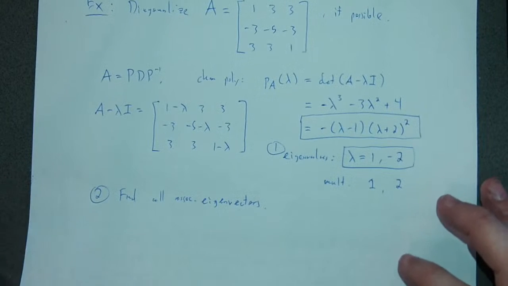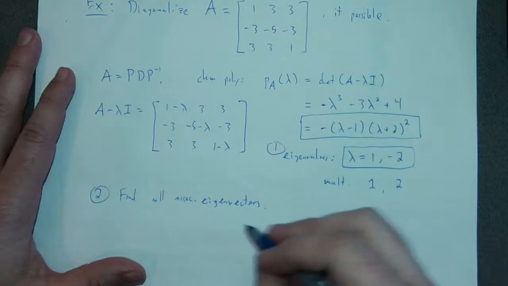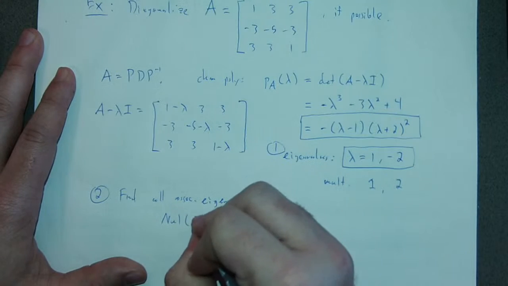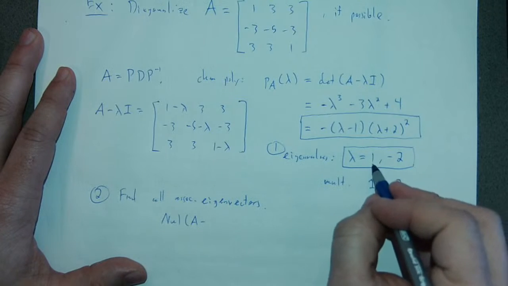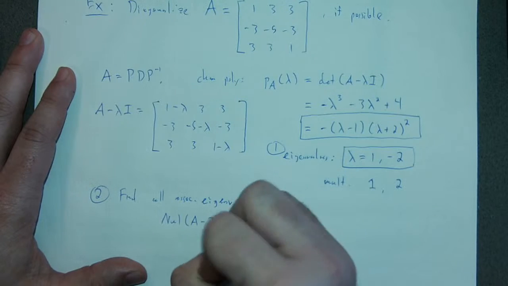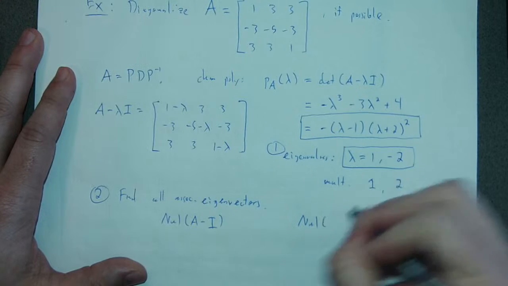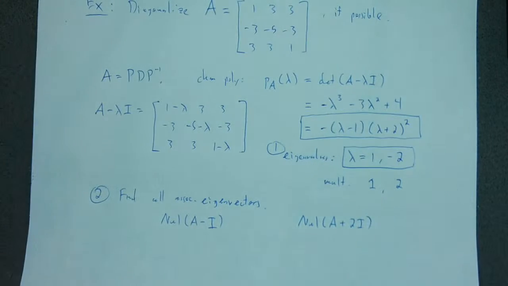In order to do this, what I'm really looking at is the null space of A minus lambda equals 1 I, and the null space of A plus 2 I, right? This is what I'm looking for.